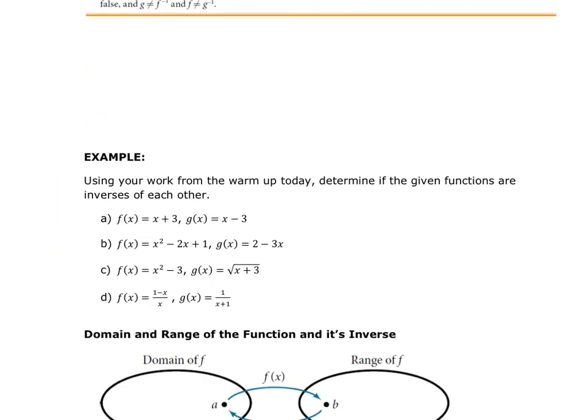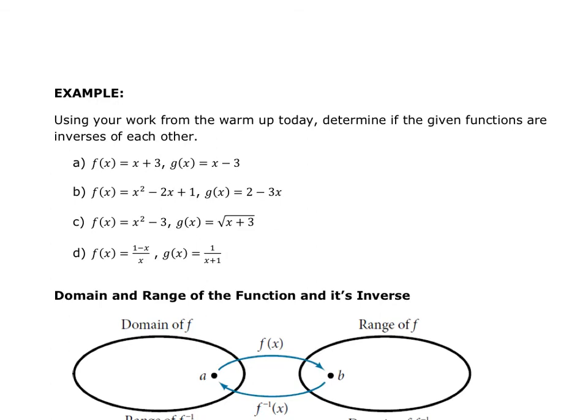So we know that this one is yes. We know this one is no. I'd like you all to try these two and determine whether or not they are actually inverses of each other. So go ahead and compose both ways on C and D. Okay, let's go ahead and go through C and D.